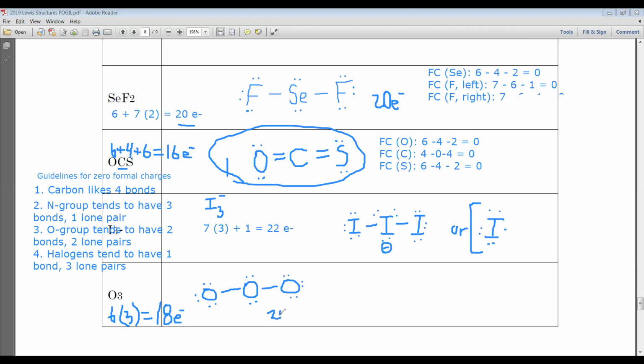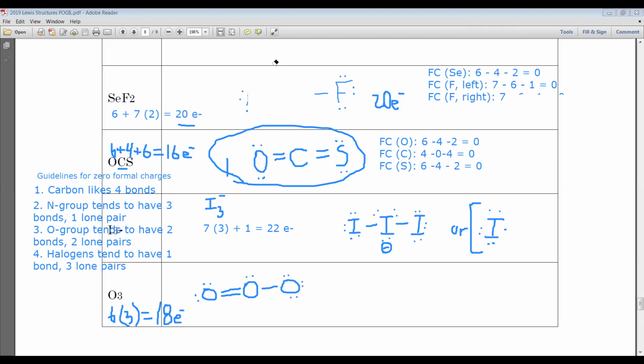So we end up with 20 electrons in the simple structure. So this is where we have to go back and say, okay, I need an extra bond. It's going to have to go somewhere. If it goes here on the left or here on the right, it really doesn't matter. It's arbitrary. That's the definition of resonance: we have an arbitrary decision on where to put a multiple bond.